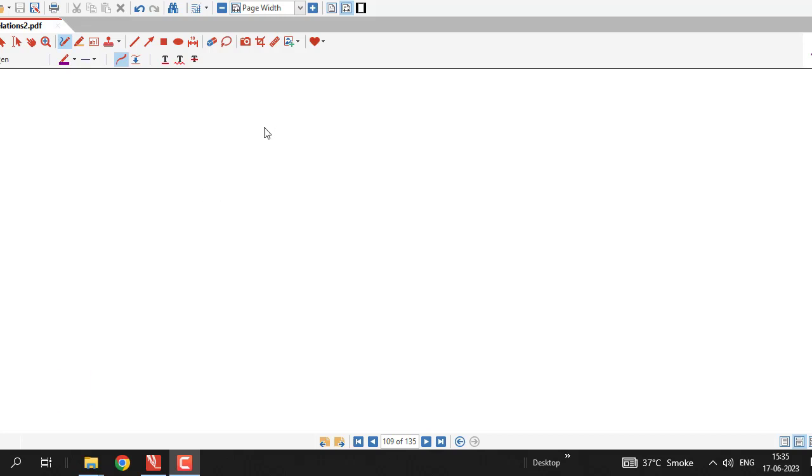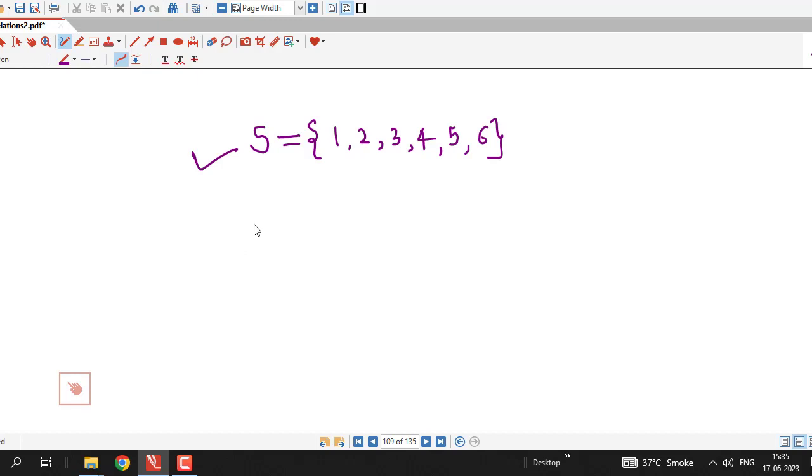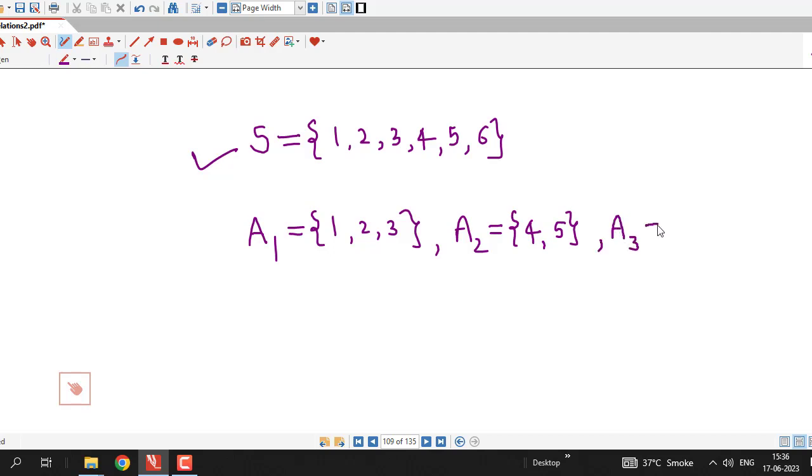Suppose I consider this set S having natural numbers 1, 2, 3, 4, 5, 6, and I want to decide partition and covering of the set S. So I am considering subsets of S. For example, A1 equal to {1, 2, 3}, A2 equal to {4, 5}, and A3 equal to {6}.